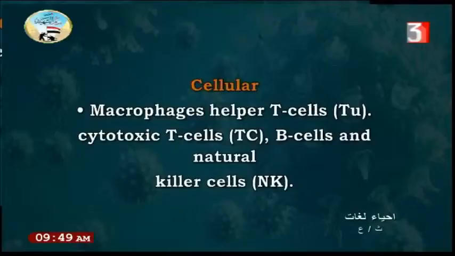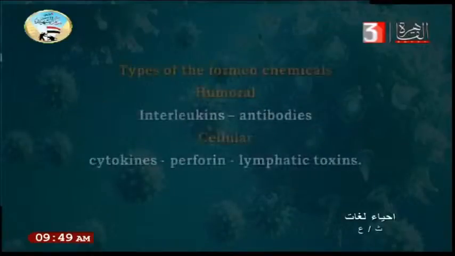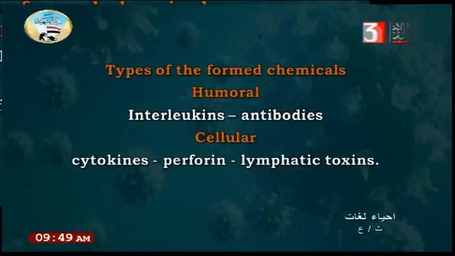Okay, what are the cells found in the cellular? Macrophage, helper T cell, cytotoxic T cell, B cell and natural killer cells. Natural killer cells are found in this type. Types of formed chemicals: what are the chemicals formed by the humoral, and what is the chemical formed by the cellular?